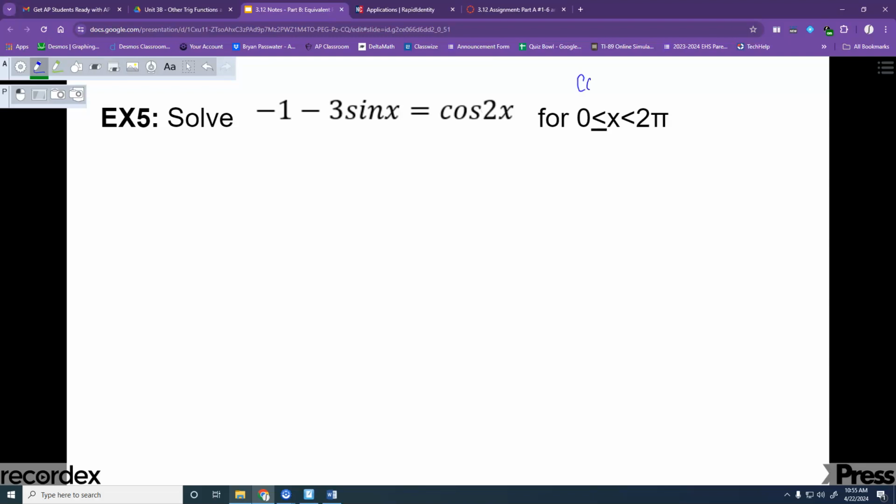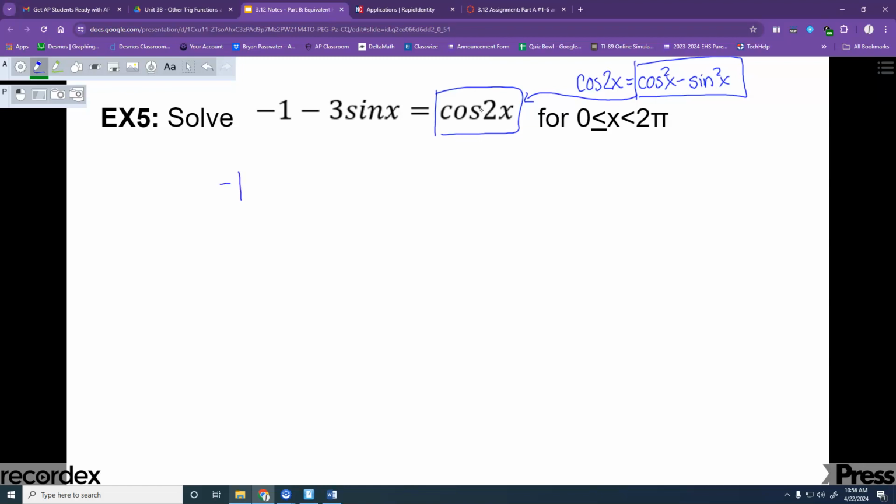And that cosine of 2x, it equals cosine squared x minus sine squared x. Like that. So we can take cosine 2x out, and we can replace it with cosine squared x minus sine squared x.